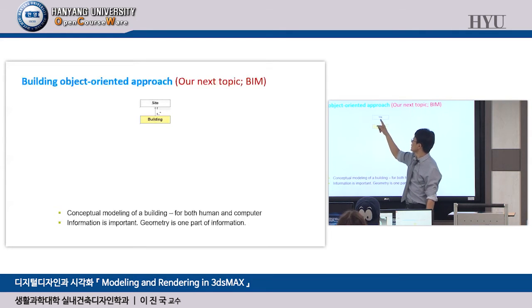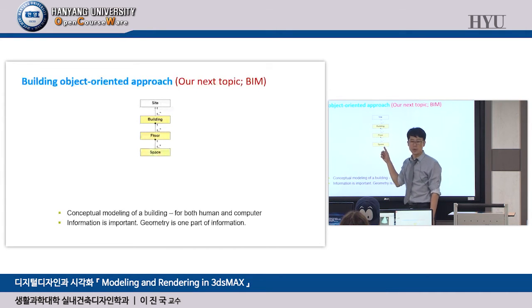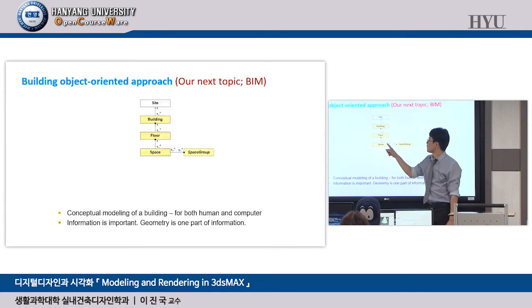So one site has one or many buildings. One building has one or many floors. One floor has one or many spaces, rooms. And one or many spaces are grouped by zero or many space groups.